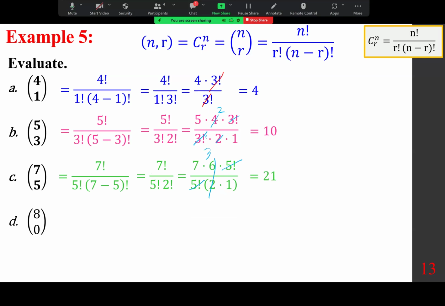In other words, there's an easy way of doing this. A combination of 8 choose 0 as this format, where 0 factorial is 1, and you end up with 1.